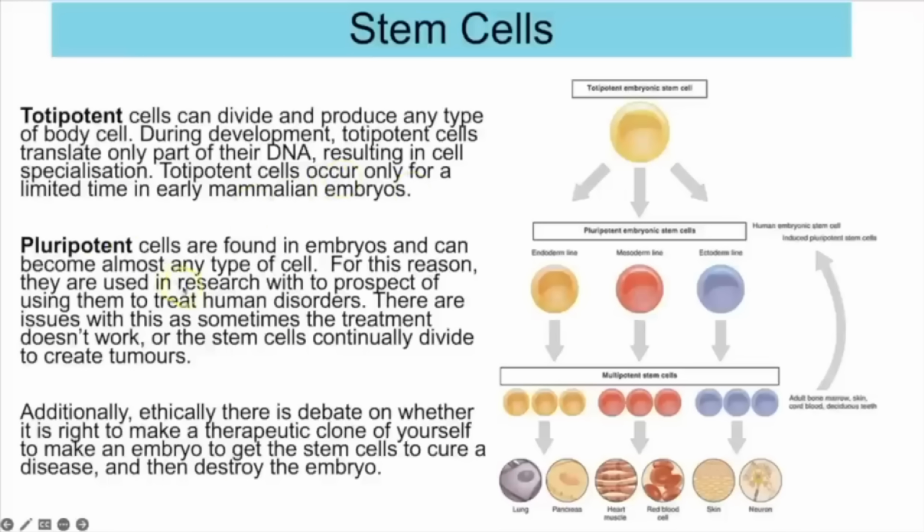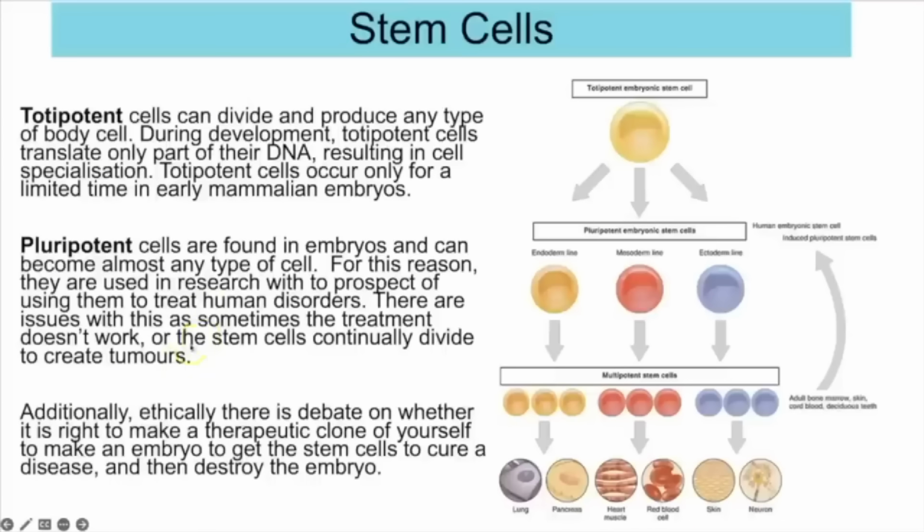They then develop into pluripotent stem cells, and these are found in embryos and can become almost any type of cell. The only cell that they can't form is the placenta. So for this reason, they are used in research with the prospect of using them to treat human disorders. There are issues with this though, as sometimes this treatment doesn't work, or the stem cells can continually divide and that results in tumours.